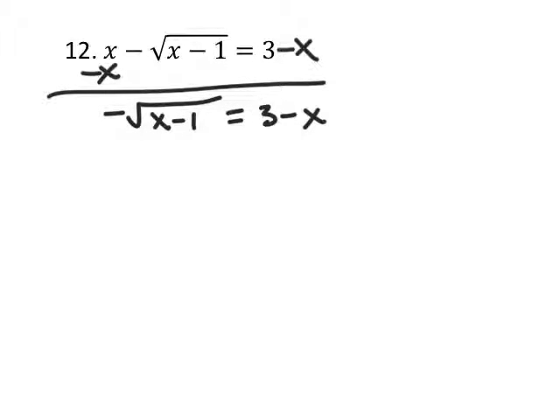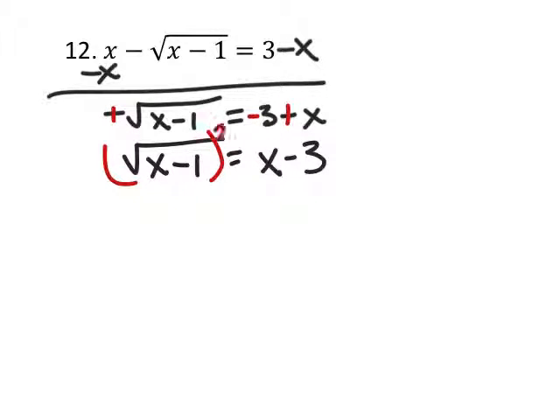But then we've got that negative, so we'll just multiply both sides by negative 1, which is just going to change the signs there. This allows us to rewrite this equation as x minus 1 equals, and I'm going to rearrange this as an x minus 3.